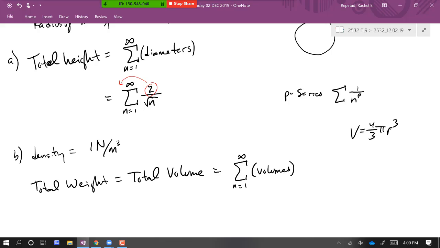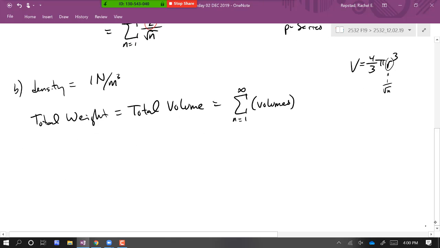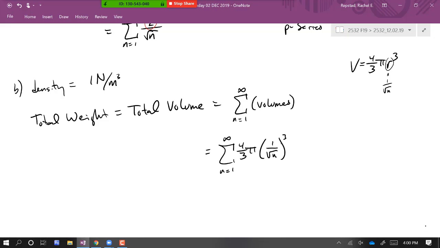The radius is 1 over root n. So we put that in: 4/3 pi, the radius is 1 over root n, cubed. So then you just want to determine what happens to that series. We're supposed to conclude that it converges, because they say to show that the weight is finite. But you want to be clear about your reasoning and how we know that.